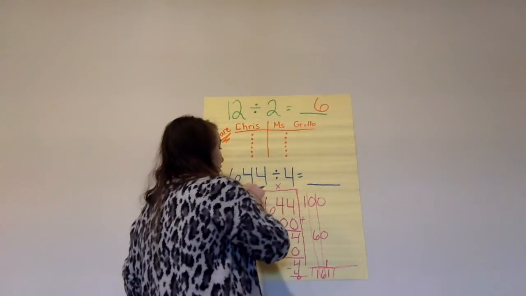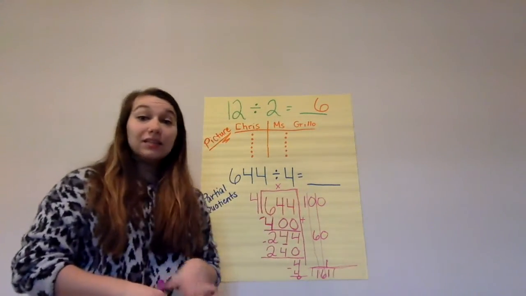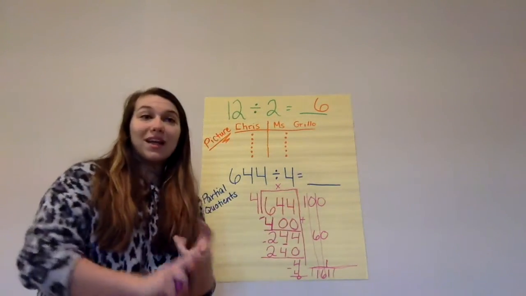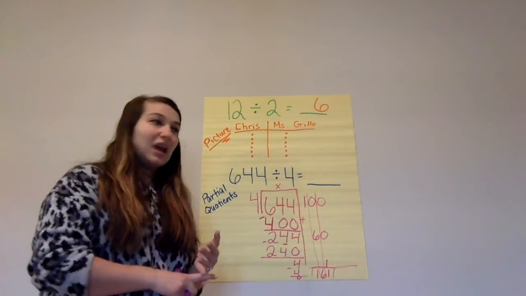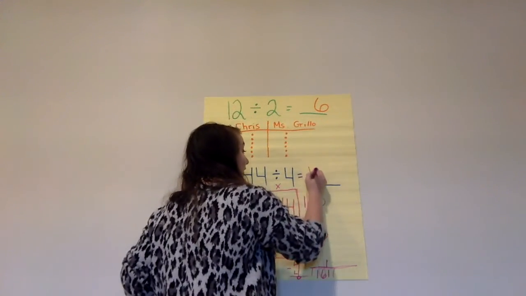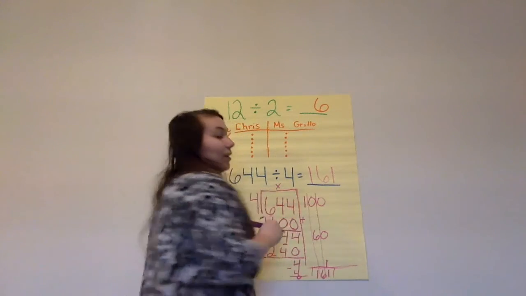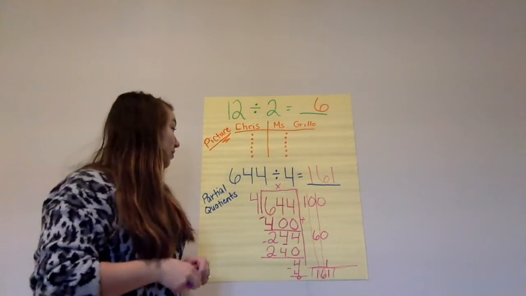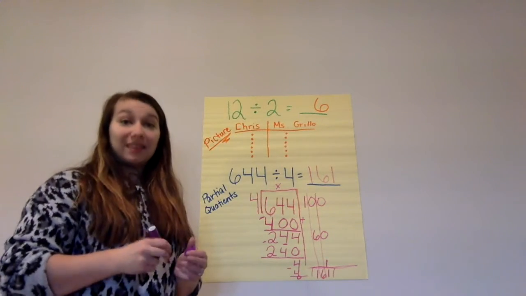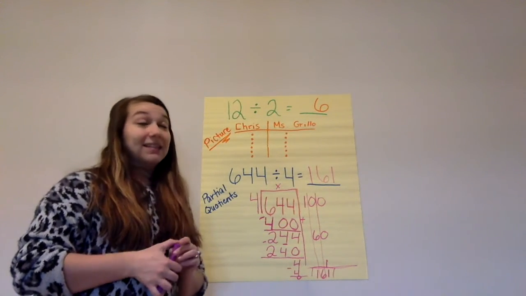So 644 cookies divided among my mom, my dad, Chris, and myself means we will each get 161 cookies.